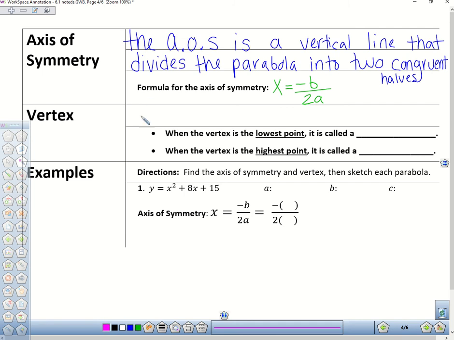So that's the formula for the axis of symmetry. And then the vertex is the point where the parabola and axis of symmetry meet.